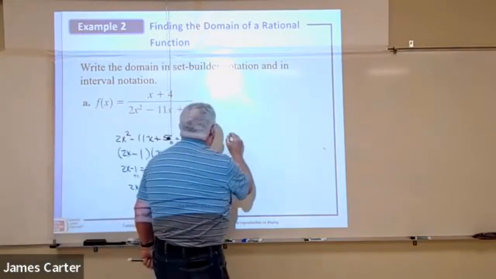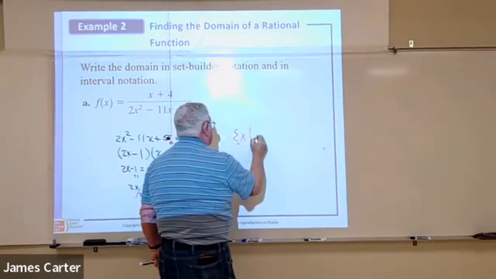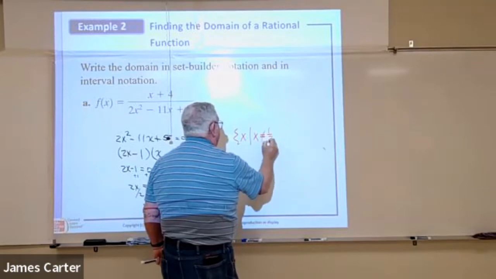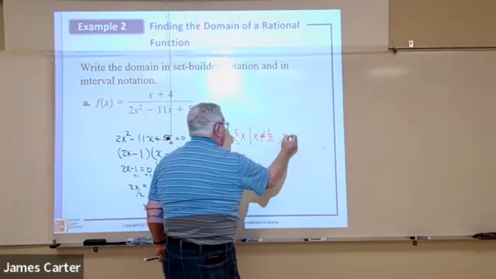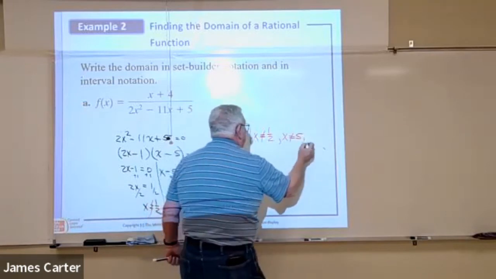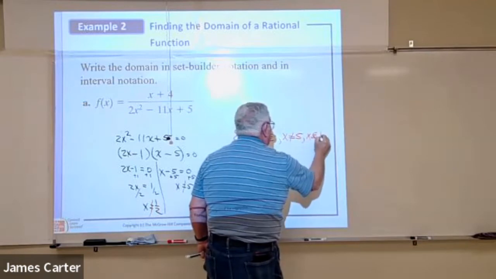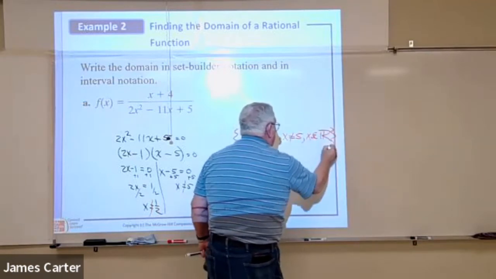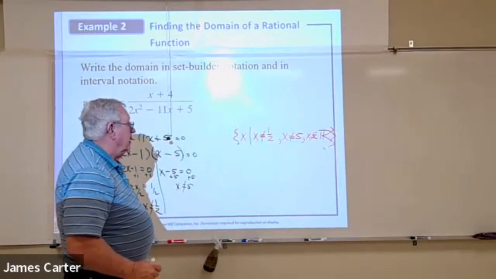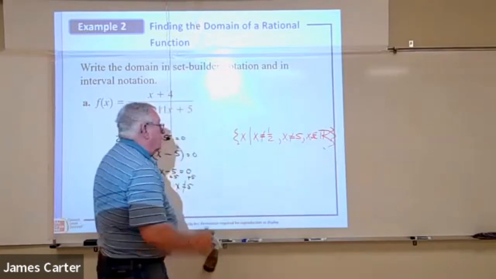So for set builder, I would have to say the set of x values such that x is not 1/2, comma, x is not 5, comma, x is contained in the set of real numbers. Okay? And I probably am not going to take off if we forget this, but try to remember it.